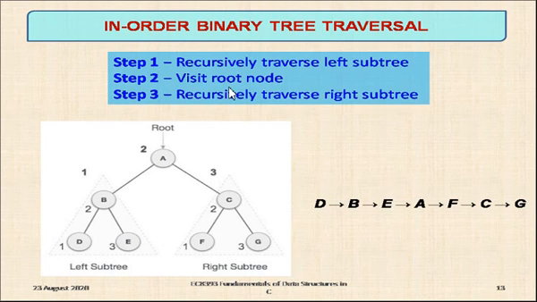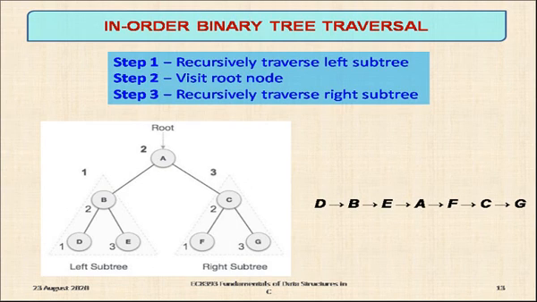So we have to recursively traverse all the nodes of the left subtree first. Once the entire left subtree is traversed, then we have to visit the root node, and then traverse the right subtree recursively.